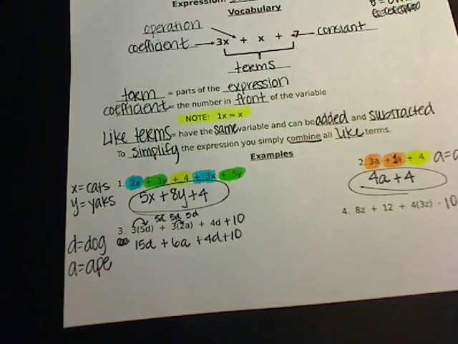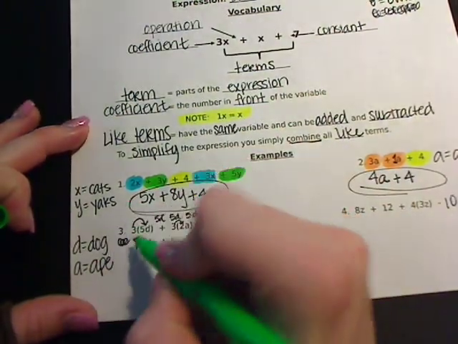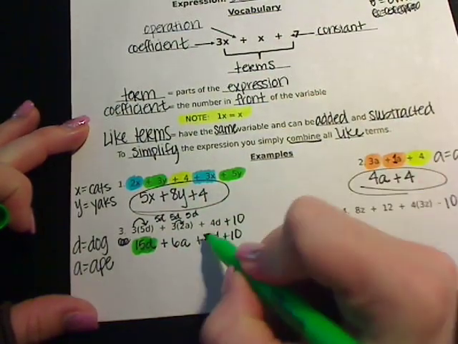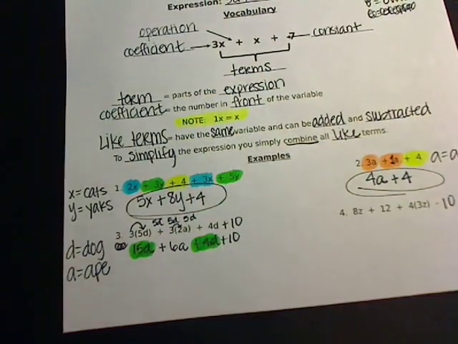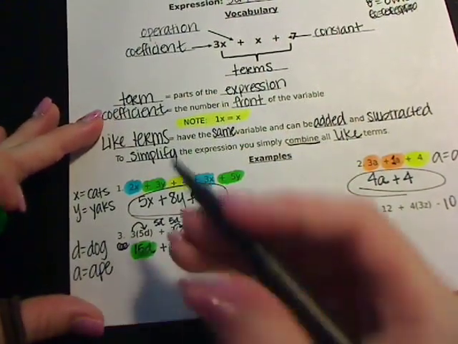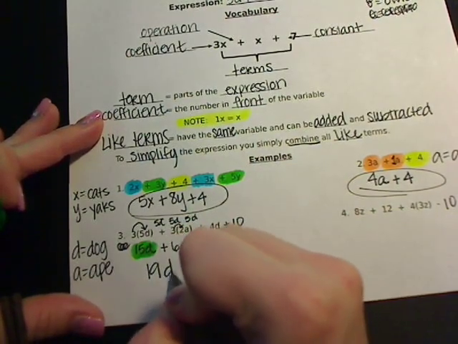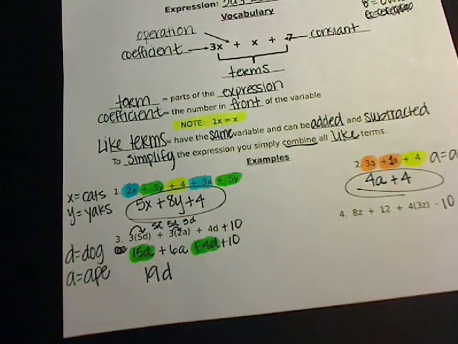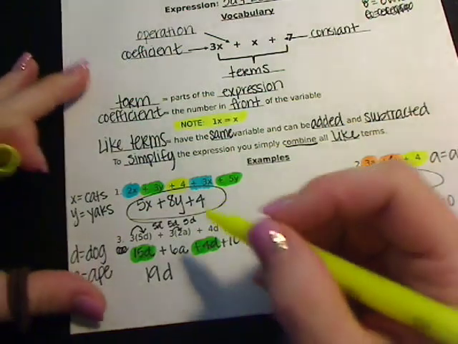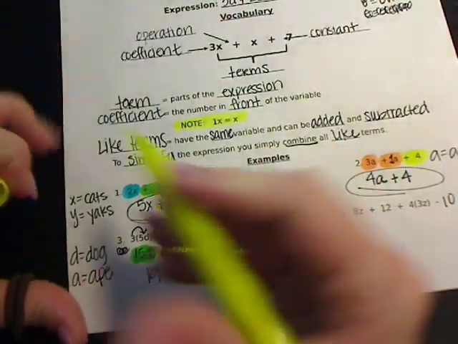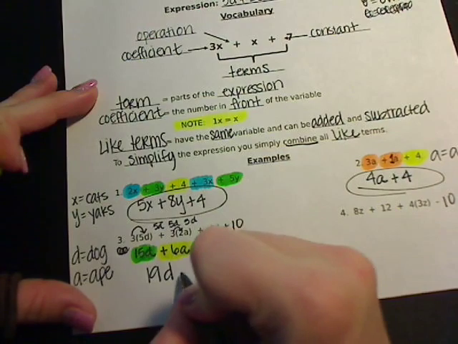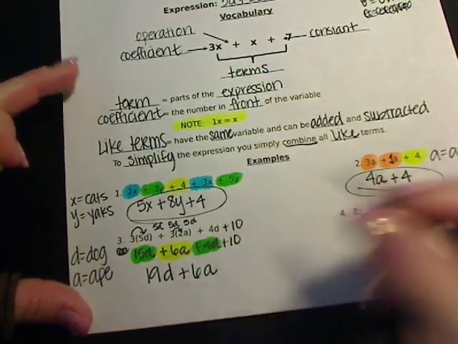So let's combine all of our dogs. So I've got 15 dogs plus 4 dogs. So 15 dogs plus 4 dogs would be 19 dogs. Now let's combine our apes. Well, it looks like I've just got plus 6 apes. So plus 6 apes.